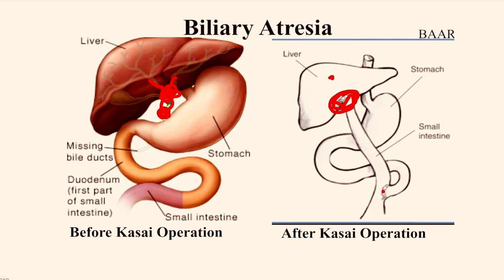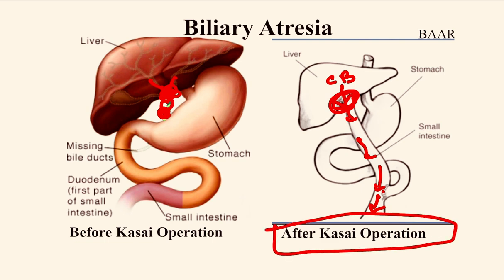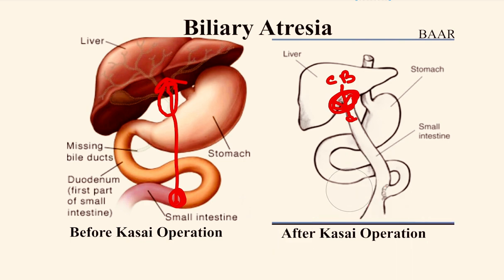Then the conjugated bilirubin comes directly to the small intestine. The atretic, diseased part is removed, and the small bowel is connected with this part of the liver. In the second picture, we can see the small bowel connected to the hepatic duct.